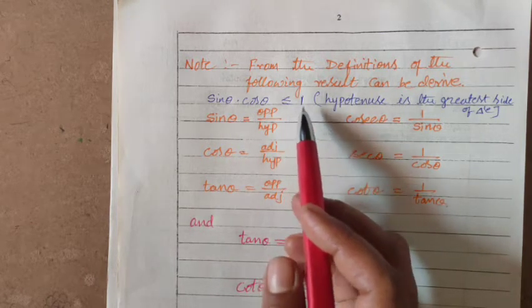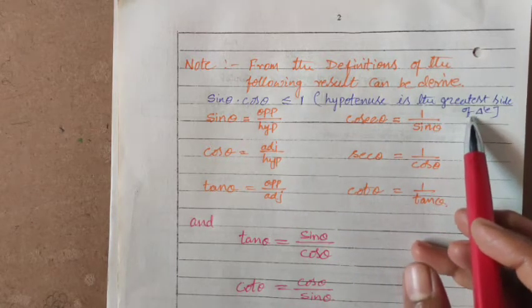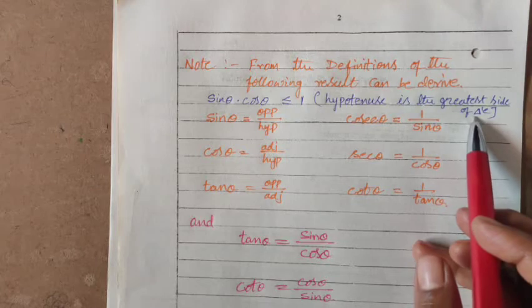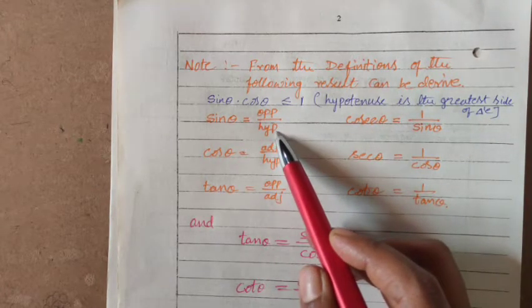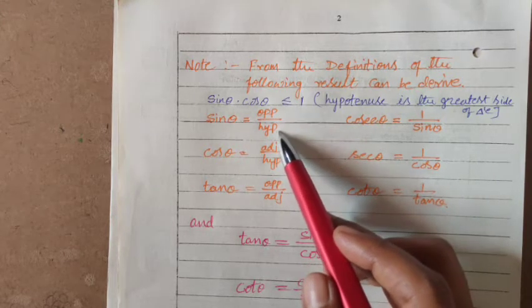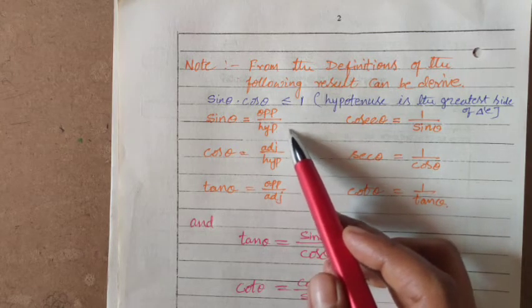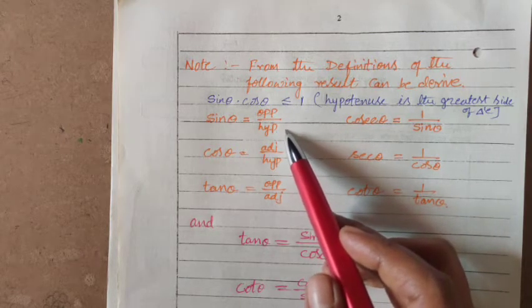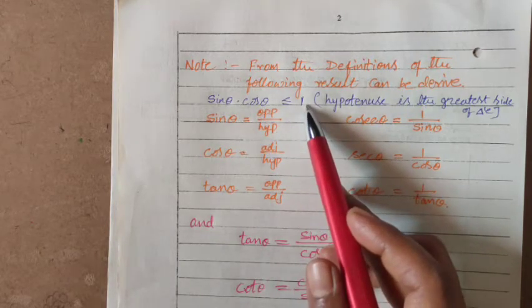Why? Because the hypotenuse is the greatest side of a right angle triangle. Sin theta is opposite by hypotenuse, and the hypotenuse is the greatest side. That's why sin theta and cos theta are less than or equal to 1.